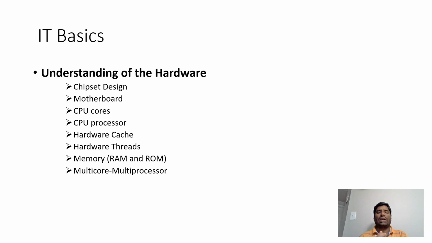And then a motherboard. There are different vendors available: AMD, Intel, Qualcomm, different sorts of vendors who build the chipset with the motherboards. CPU cores are nothing but how many thread operations can be performed on the real hardware cores.